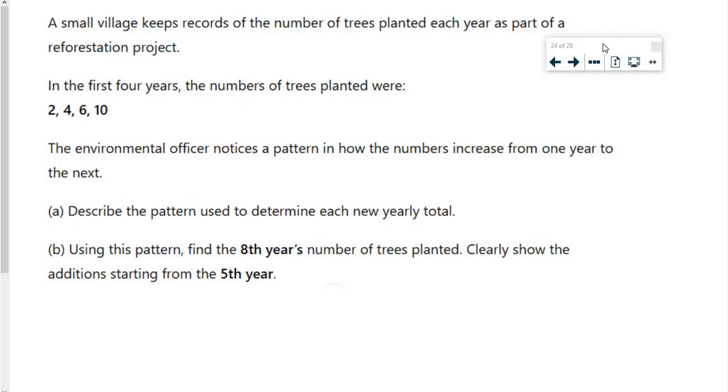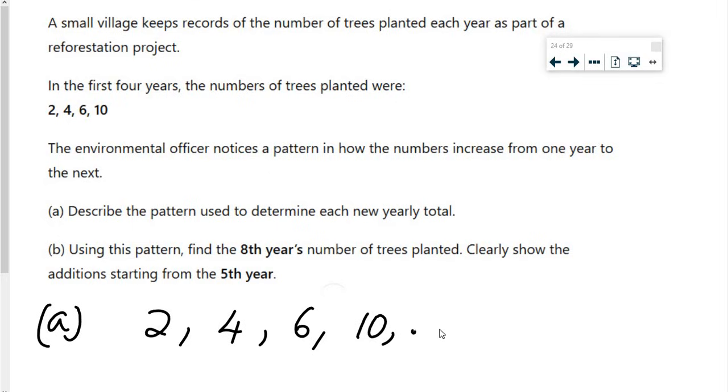Okay, now let us see the pattern. So question A, 2, 4, 6, 10, and so on and so forth.